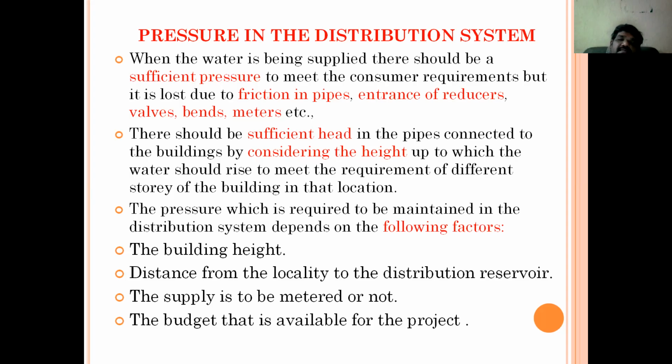Third point, whether the supply is to be metered or not, and the budget that is available for the project. See, these are the factors which we must consider: building height, distance of the locality to the distribution reservoir, whether supply is metered or not, and whether sufficient funds are there for better quality pipelining.